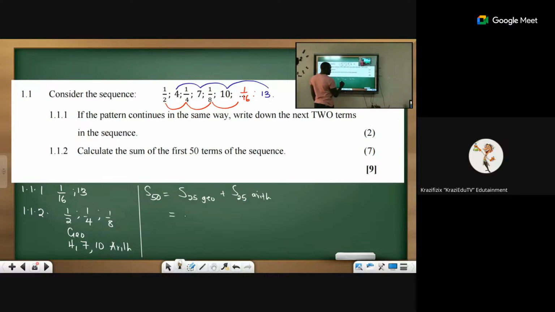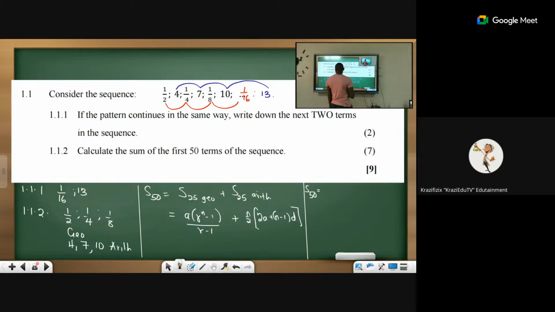All right, what is the formula for geo? r to the power n minus 1 over r minus 1. What is the one for this? We can use n over 2, 2a plus n minus 1 d. And I think from here, it's just a matter of substitution.